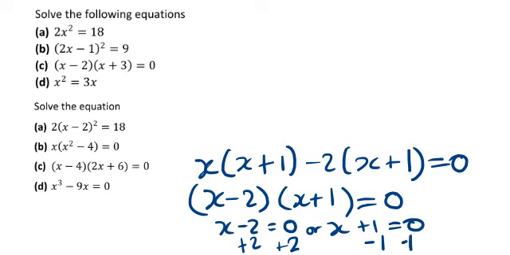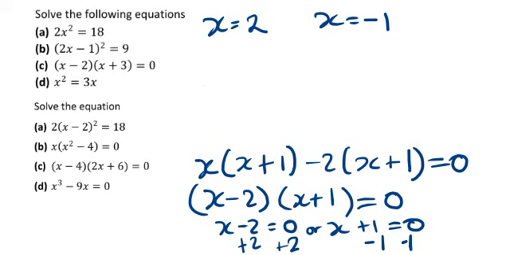So which simply means that x will be equal to, because negative 2 plus 2 is 0, 0 plus 2 is just 2. And then here we are having x plus 1 minus 1, it is 0. And then x will be equal to 0 minus 1, which is minus 1.